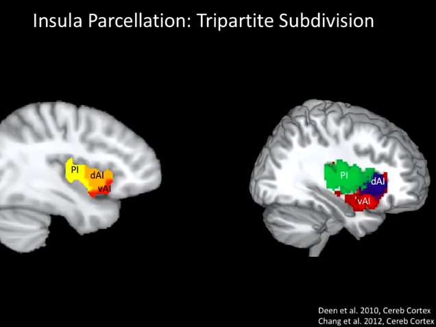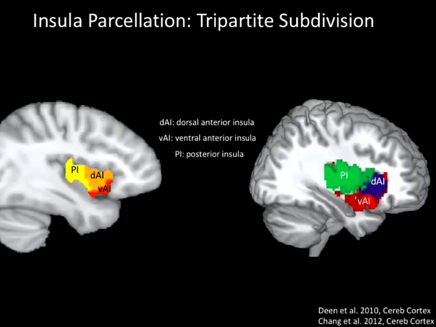If you look at some of the resting state fMRI parcellations that have been conducted of this lovely area, you actually find some convergence across a couple of studies. There was a paper by Deen and colleagues in 2010 and another one by Luke Chang and colleagues in 2012 that suggested that if you look at the functional connectivity profile of every voxel in the insula and you use k-means clustering to group the voxels by which connectivity profile they exhibit, you do tend to see a dorsal anterior insula subdivision, a ventral anterior insula subdivision, and a posterior insula subdivision.